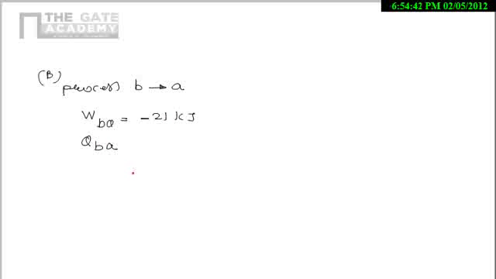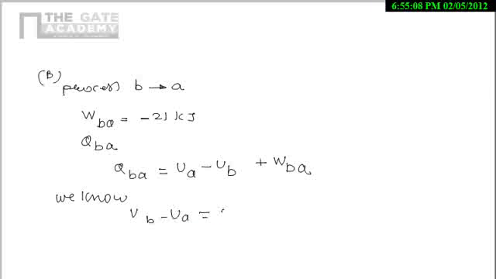So now again apply the first law of thermodynamics for this process BA. So QBA equals final UA minus initial UB, plus WBA. So now we know UB minus UA is 52. So UA minus UB will be minus 52 kilojoule.